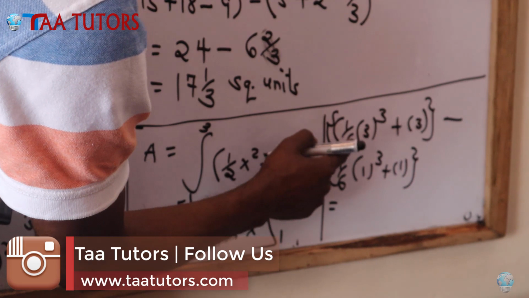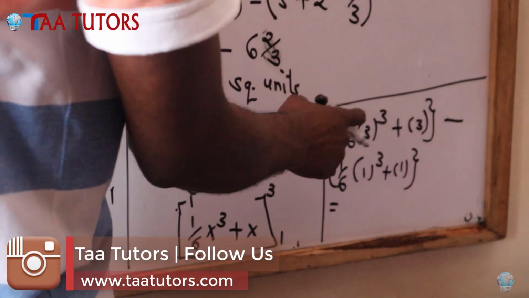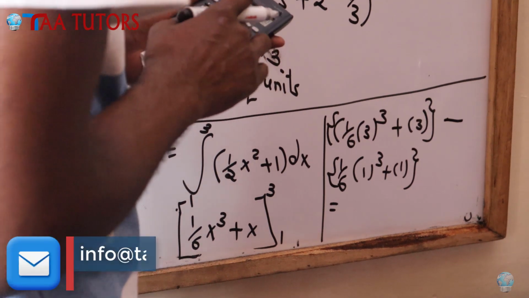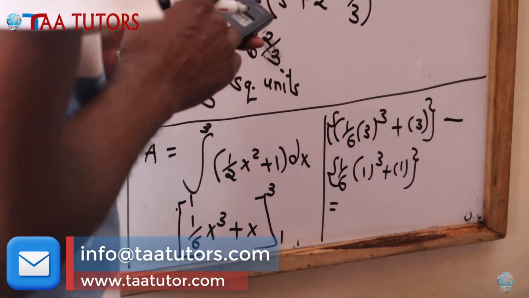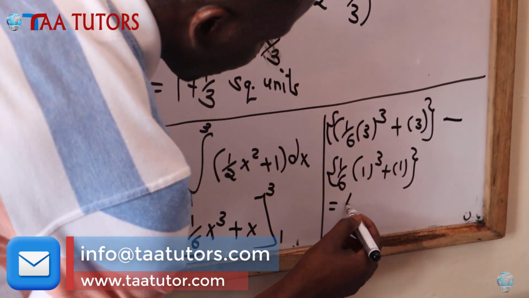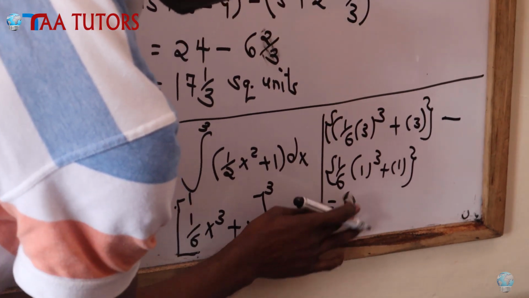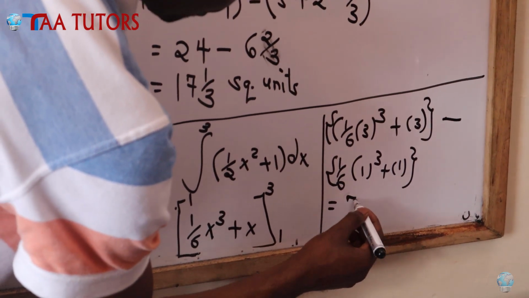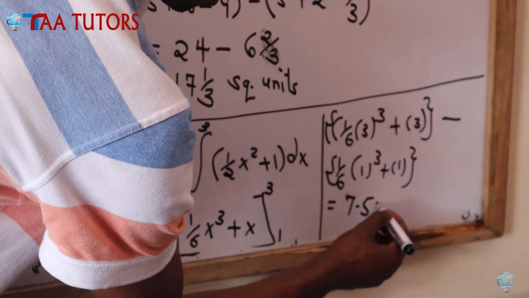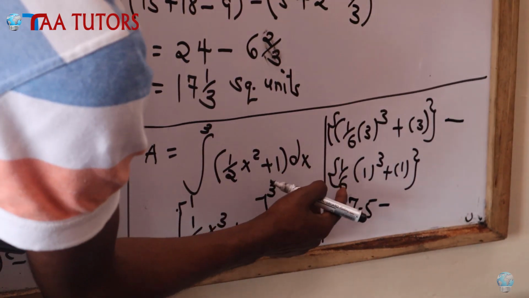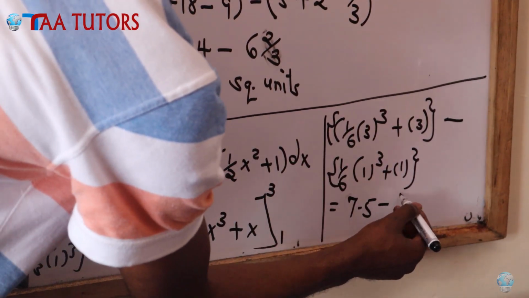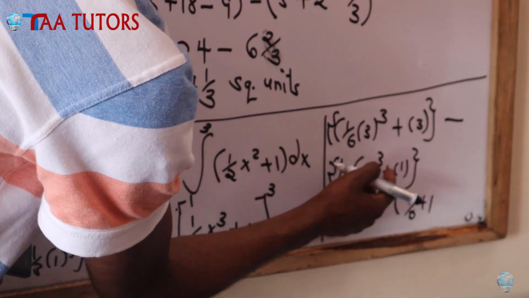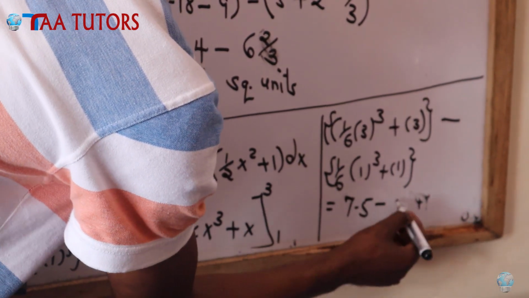So this will be 27 over 6. 27 divided by 6 is actually 4.5. So 4.5 plus 3 is 7.5, minus, this one is 1 over 6 plus 1, which is just 1 and a sixth.